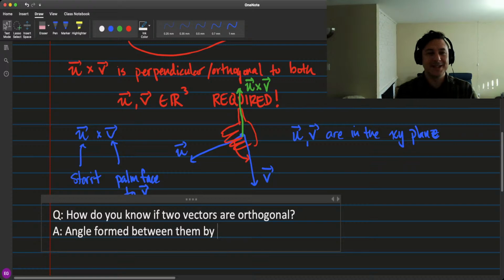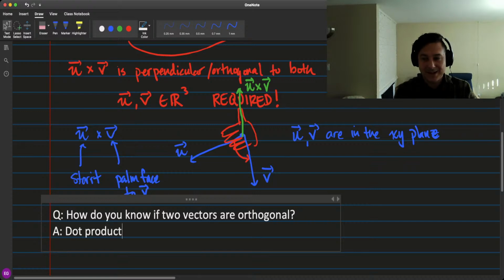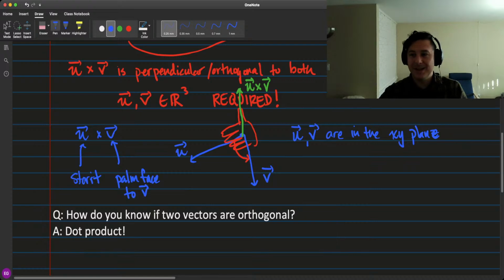Okay, I'm going to give it to you because I feel bad. You're saying everything around it. You could look at the dot product. If you have two vectors, U dotted with V will be 0 only if they're orthogonal. Why?